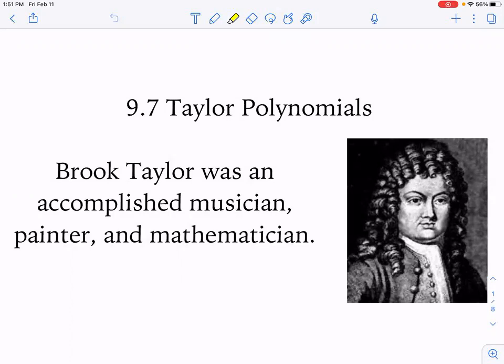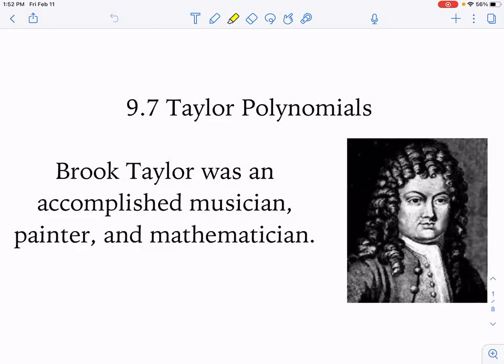So we will need our converging and diverging knowledge with our series, so that when we get into 9.8, 9.9, and 9.10, we can do some other things. Right now you're not going to see a big connection, but next week we'll start to see some pieces come together. Okay, so the first thing we need to talk about in terms of moving forward in chapter 9 are Taylor polynomials.